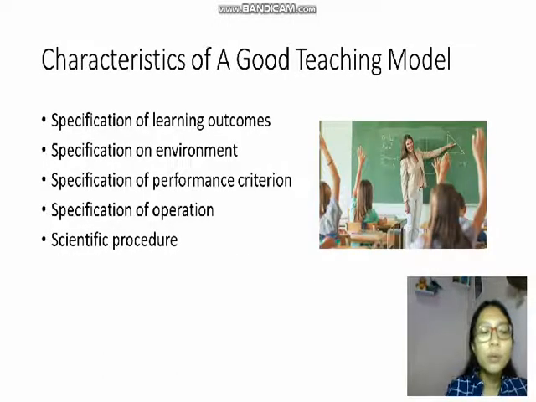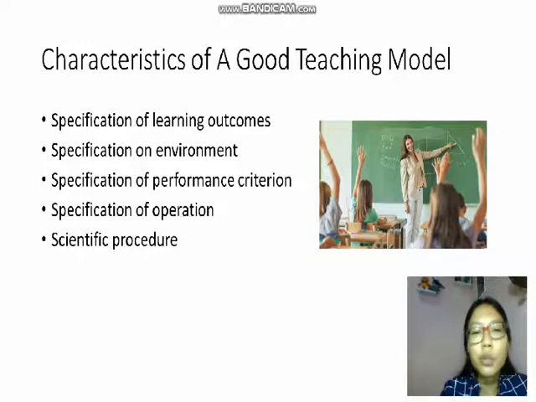Now, we move to the characteristics of a good teaching model. There are some characteristics of a good teaching model. The first one is a specification of learning outcomes. As we know, everything has an outcome, and so does learning.